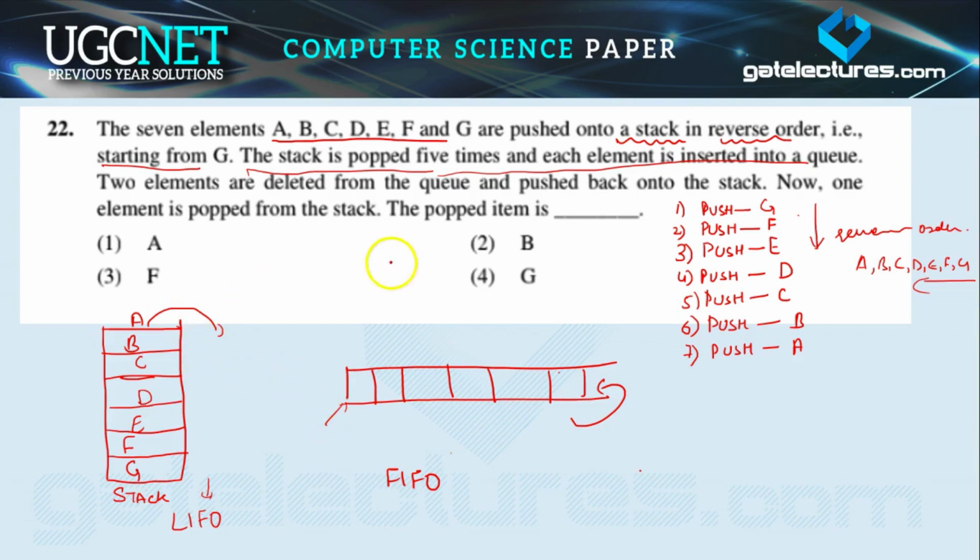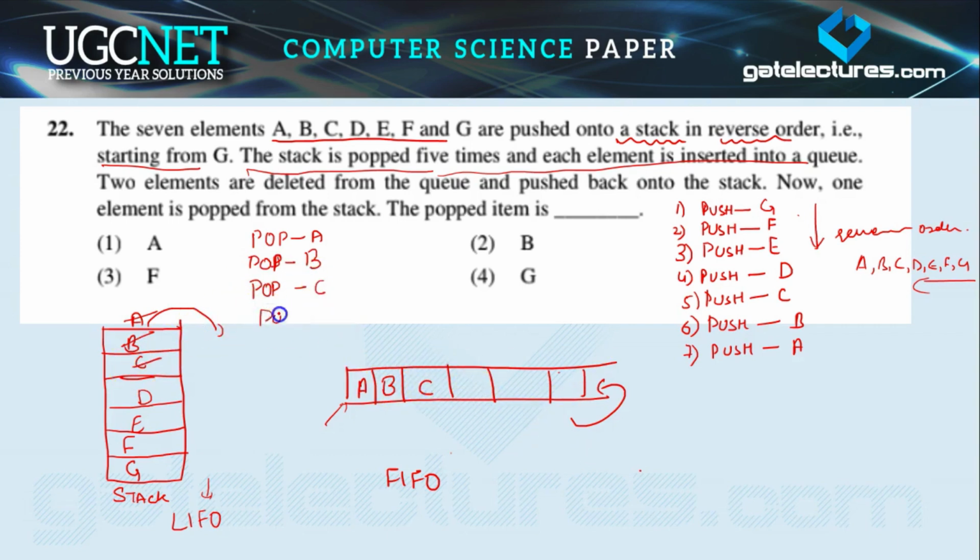Okay, now they said the stack is popped 5 times, and each element is inserted into a queue. So first we pop A and insert it here, then we pop B from the stack and insert from this side. B is here. Then we pop C from the stack and insert C in the queue.